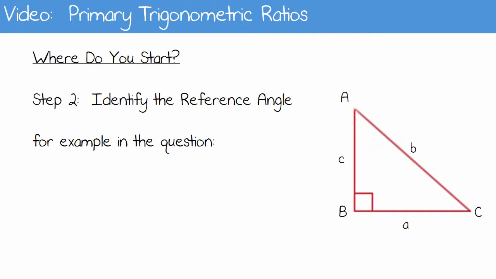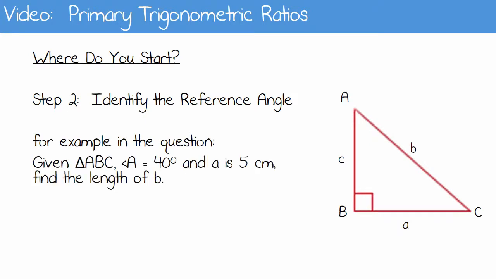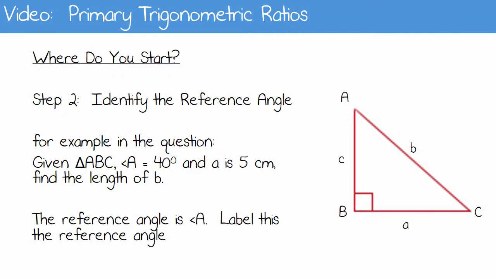For example, in the question, given triangle ABC, angle A is 40 degrees, side a is 5 centimeters, find the length of b. The reference angle is angle A. Label this the reference angle.